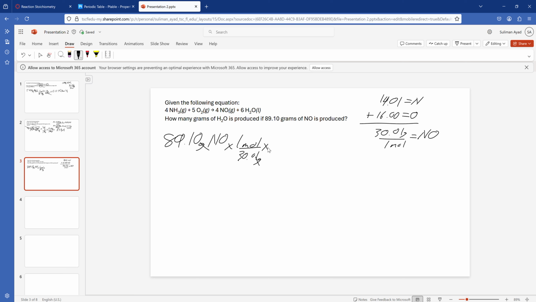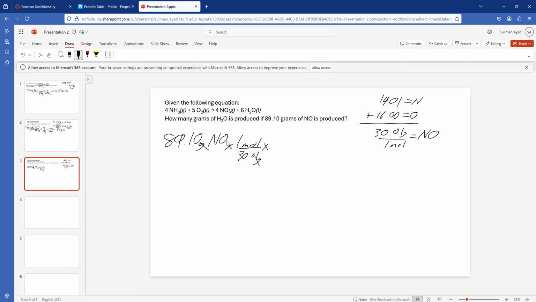I'm then going to multiply this by something that will help me convert from the nitrogen monoxide into H2O. To find that value, I look to my balanced chemical equation. And I can see that we have 4 nitrogen monoxides produced every time 6 H2Os are produced.